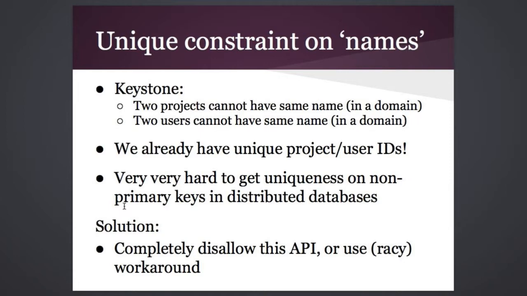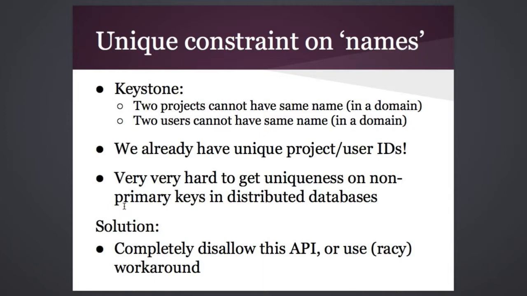In distributed databases, if you have to design the schema, you can have a uniqueness constraint only on one column. If you have another uniqueness constraint on any other column, it becomes slightly difficult to handle such a situation.